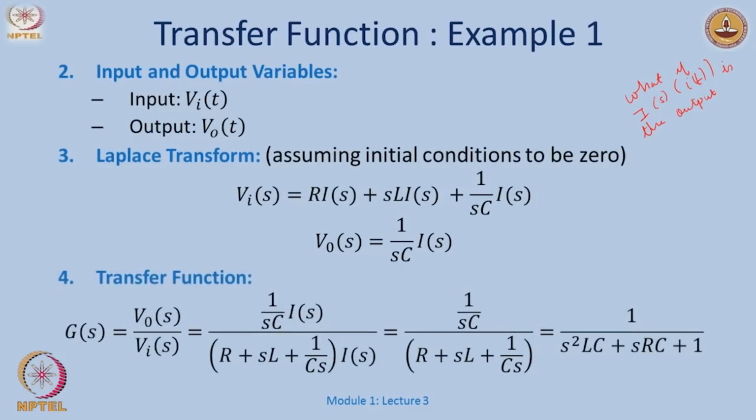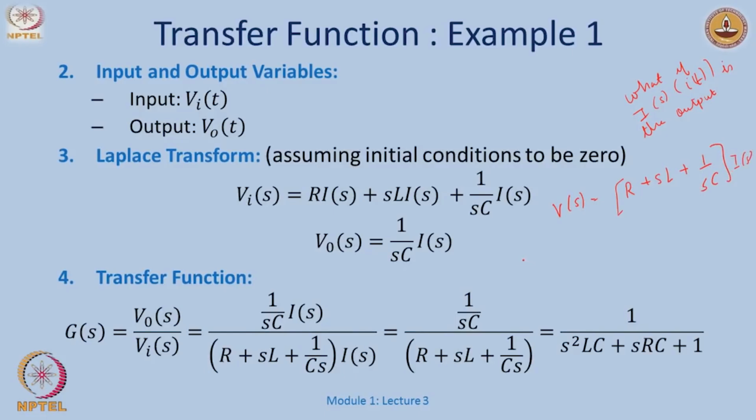Okay. So, how does the Laplace transform now look like? It's again kind of straightforward to compute from here. So, I say V of S is R plus S times L plus 1 over S C, times I of S. Okay.